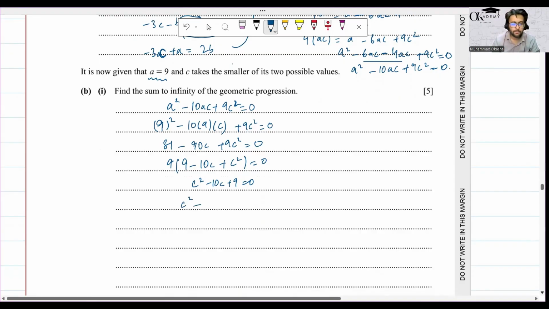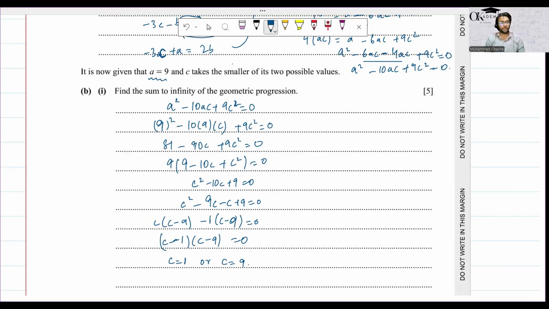So c squared minus 9c minus c plus 9 equals 0. c times c minus 9 minus 1 times c minus 9 equals 0, from which I'm going to get c minus 1 times c minus 9 equals 0. And from here, I'm going to get two values.